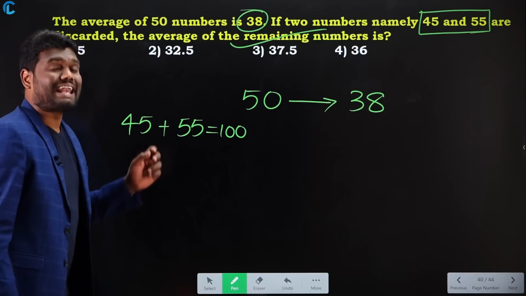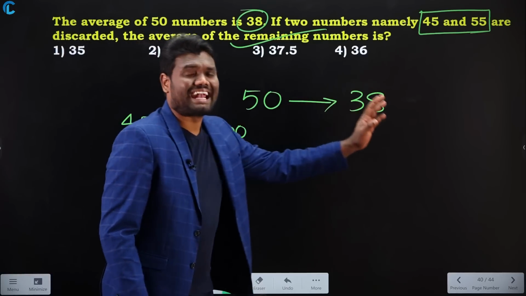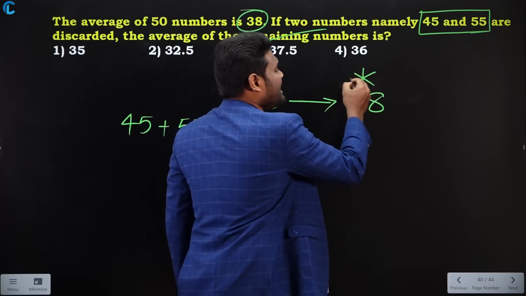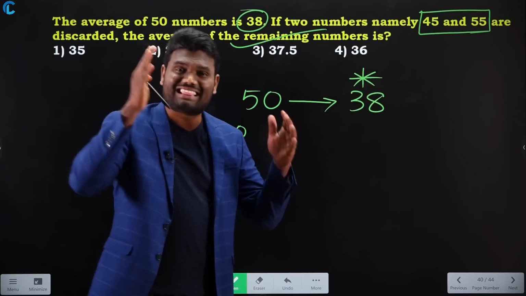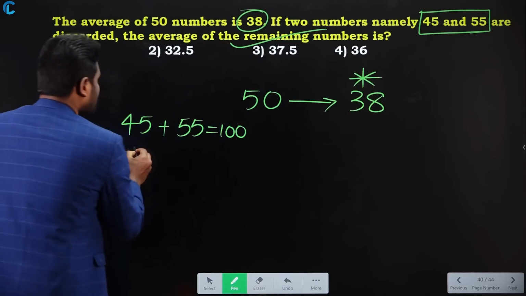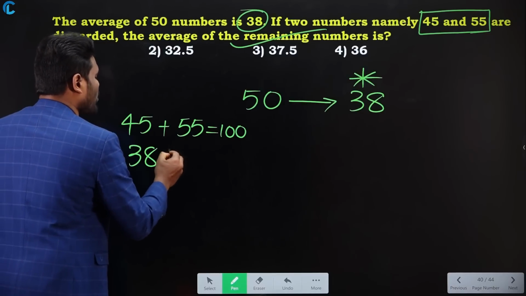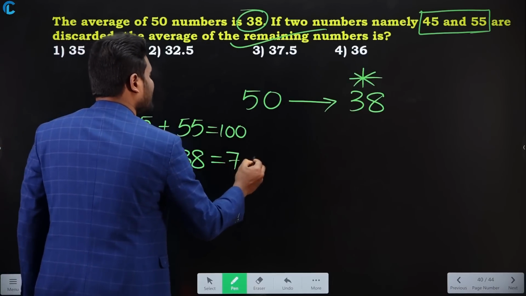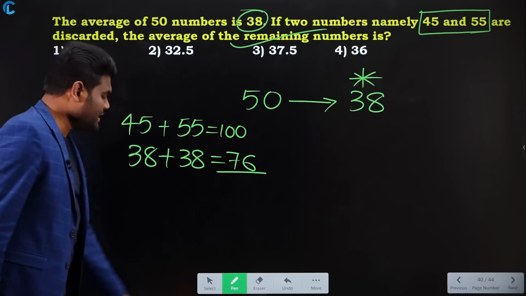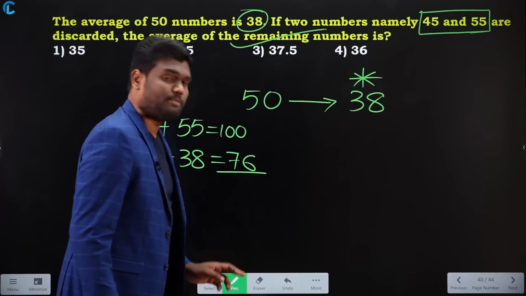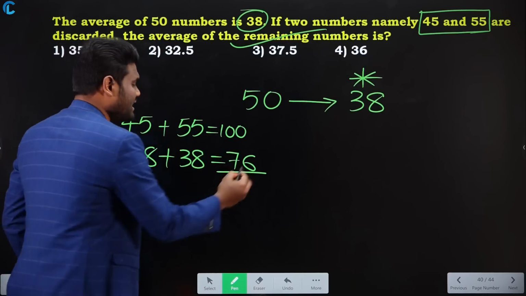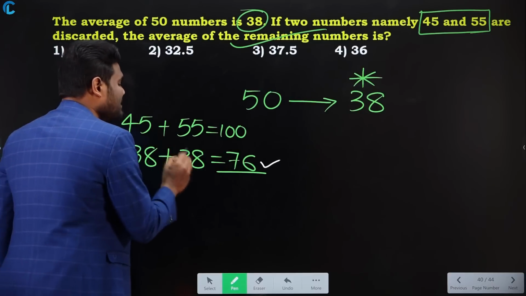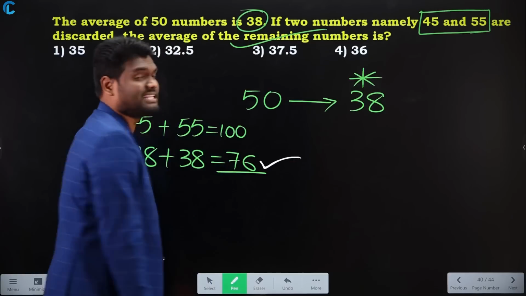But actually, if 2 numbers are discarded, as per our opinion, if average is 38, each and every number should be 38, 38, 38. So the numbers that are going to be removed should be 38, 38. So 38 plus 38 should be 76. Actually, as per the question, if 2 numbers are discarded, 38 plus 38, 76 should be discarded.